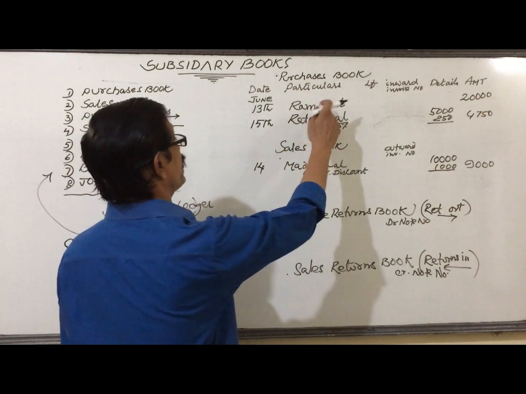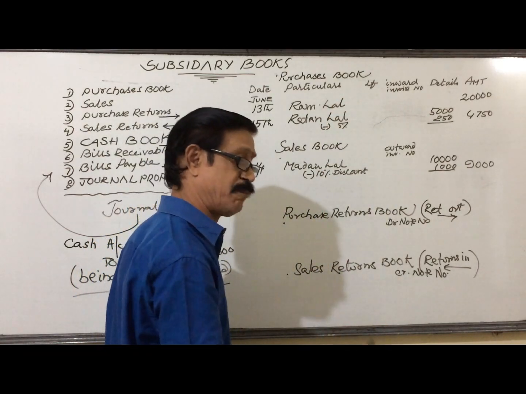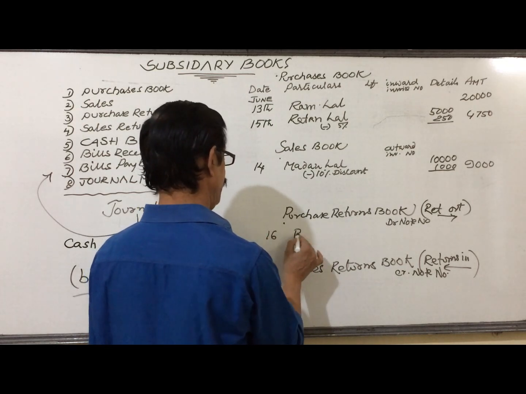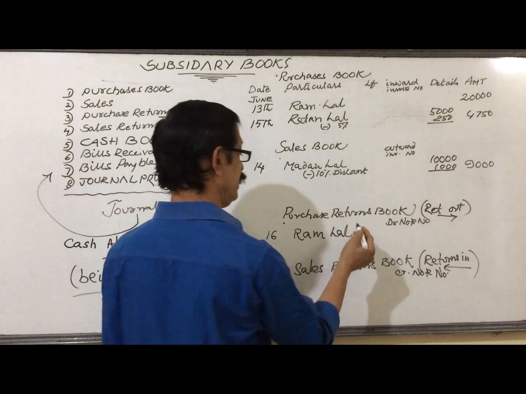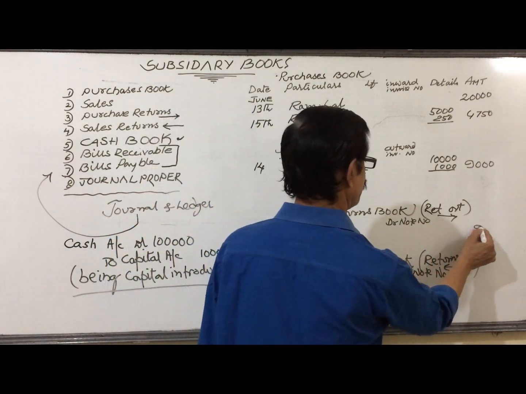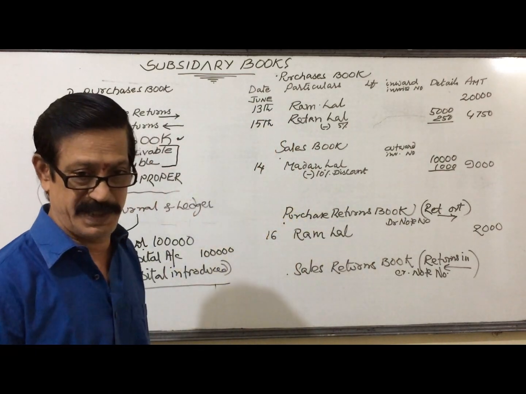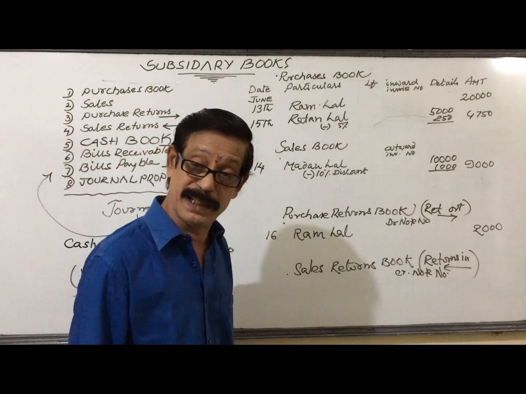We purchased previously from Ramlal. To that supplier we returned 2,000. Again take the name. We returned 2,000. We just take the amount. Now we received returns from mother-in-law.